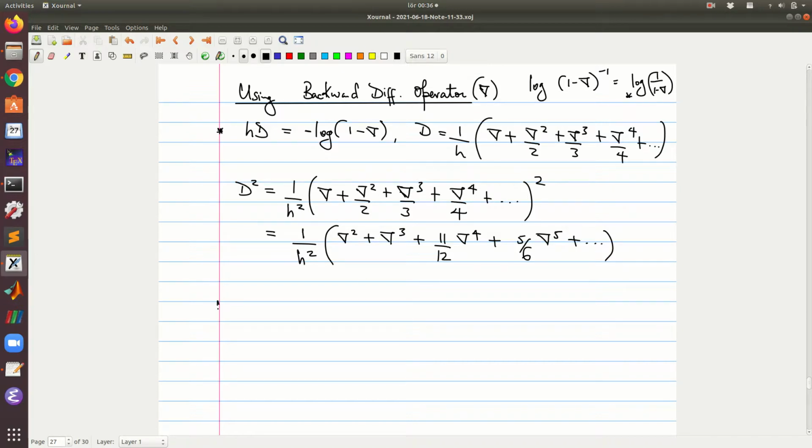That should be familiar from the expansion of log of 1 over 1 plus x, okay, which should give us this expression here.